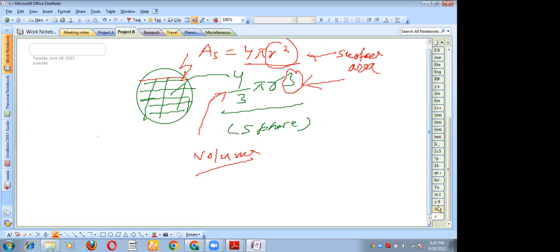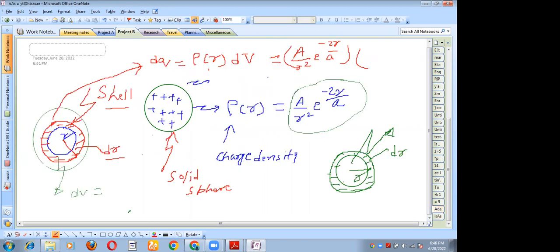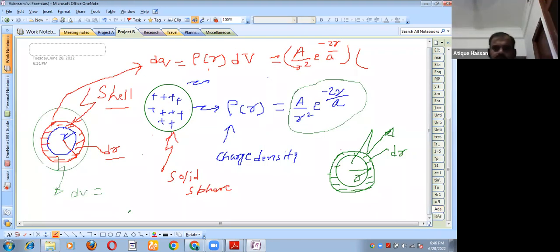Yes, sir. Now coming to the question. Here we have an elementary shell. What will be its volume? If we want to calculate volume, volume is always area into thickness.